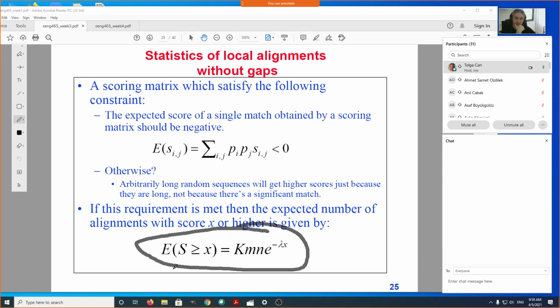They said the expected value to obtain a score larger than or equal to some raw score. So this is the raw score of our alignment. The only thing that we get out of this local alignment is this X, the alignment score. And all the other things, this M and N, N is like the query size that can be very small compared to the database size.